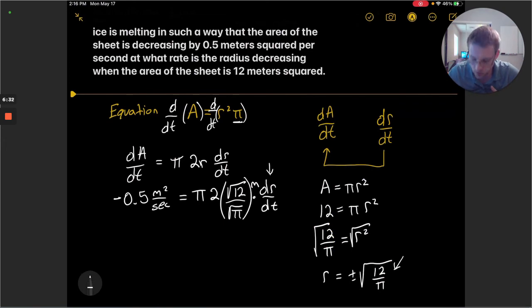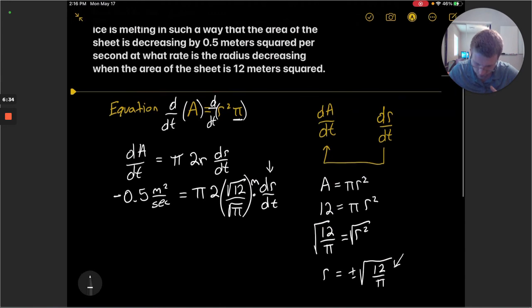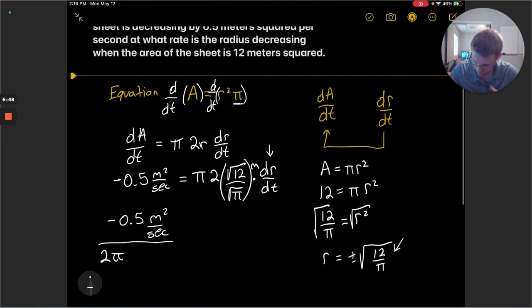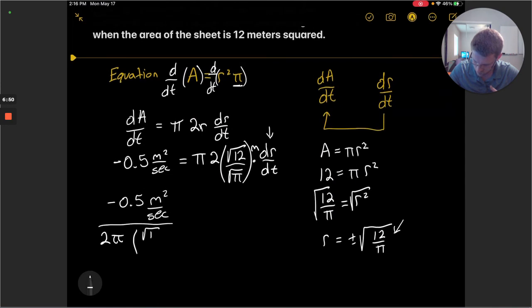We can rearrange this equation slightly to find dr/dt. We know this is negative 0.5 meters squared per second, divided by 2 pi times the square root of 12 over the square root of pi, which is in meters.